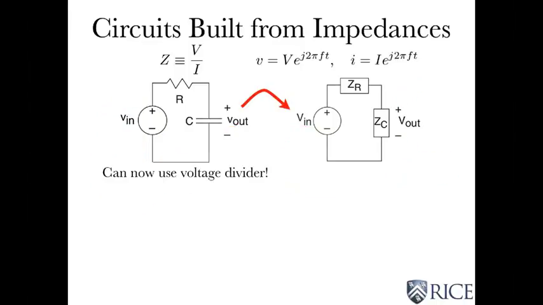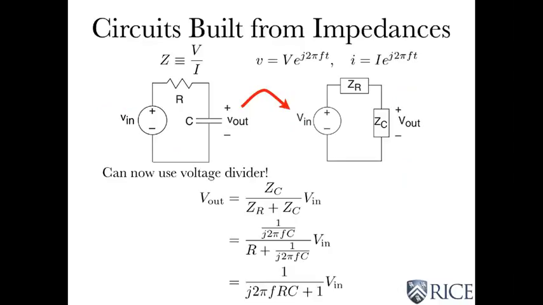Well, now that everything's a resistor, we can use the voltage divider. What could be simpler? Instead of resistor values, we're going to use impedance values in our voltage divider. The voltage divider says that the output voltage is equal to the impedance of the capacitor divided by the sum of the impedances of the resistor and the capacitor, just like we had before with resistors.